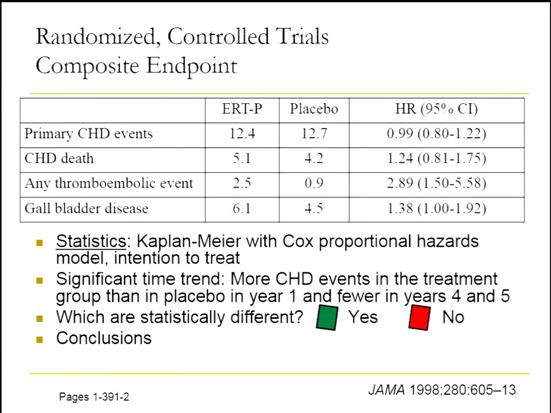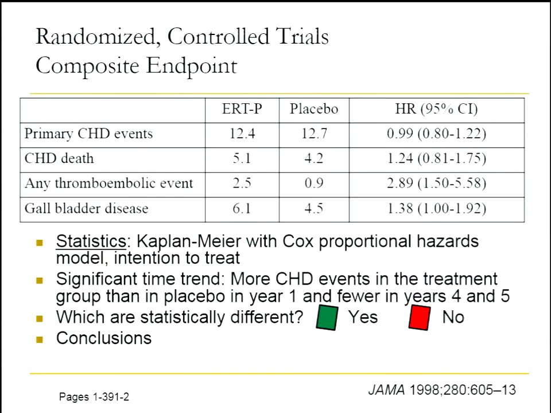The calculated hazard ratio, HR, is right around 1, with a 95% confidence interval of 0.8 to 1.22. So no difference between these 2 groups, no increase, no decrease in the hazard of developing a primary CHD event, and not statistically significant, because 1 is included in that confidence interval.